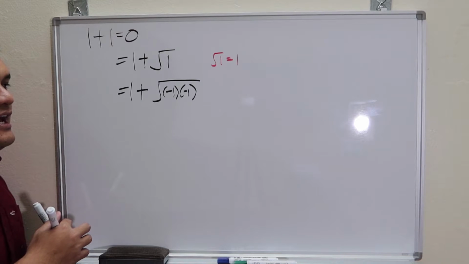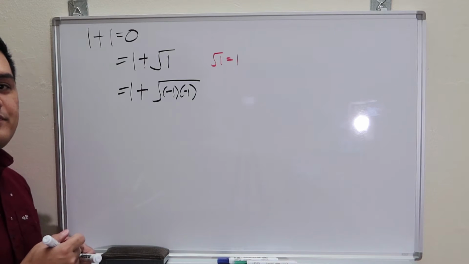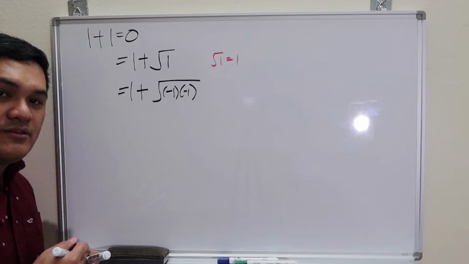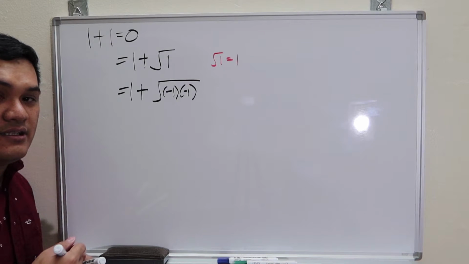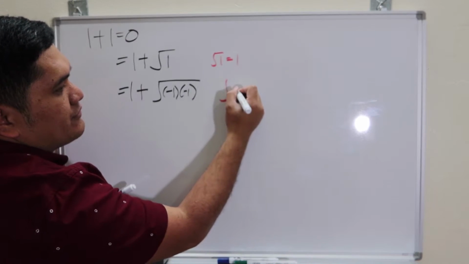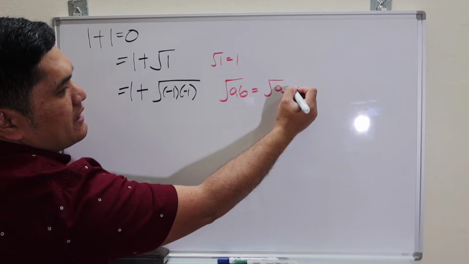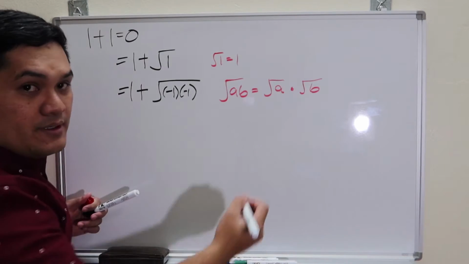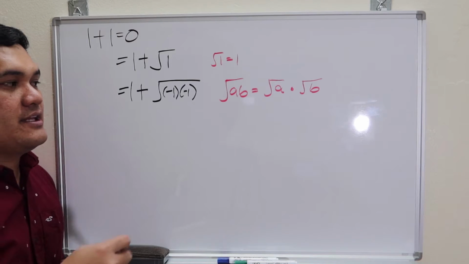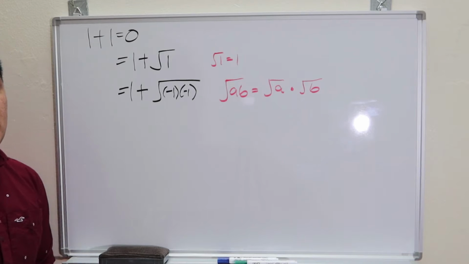Now, here in our radical rules in mathematics, we have an expression like this: the square root of AB can be written as the square root of A times the square root of B. Our square root of AB can be written as the square root of A multiplied by the square root of B. That is just the same story.